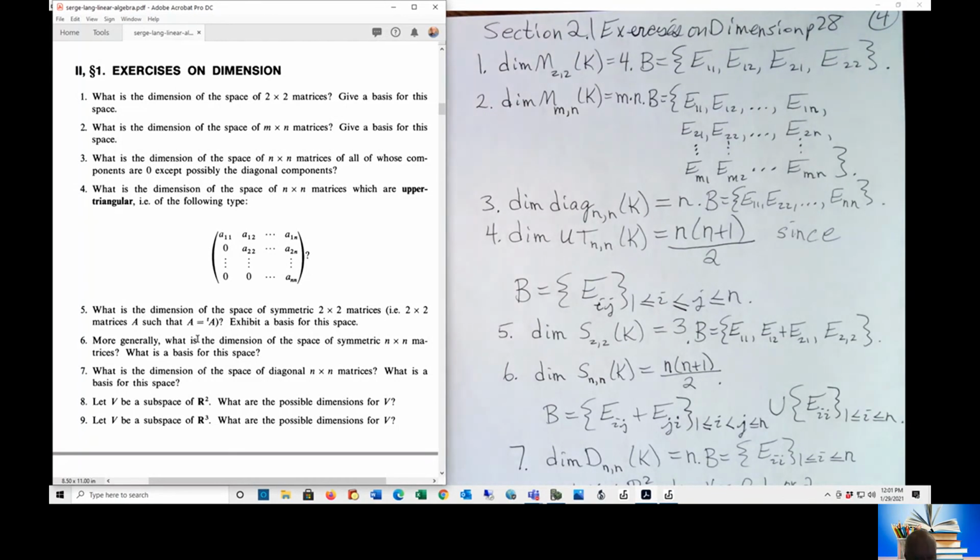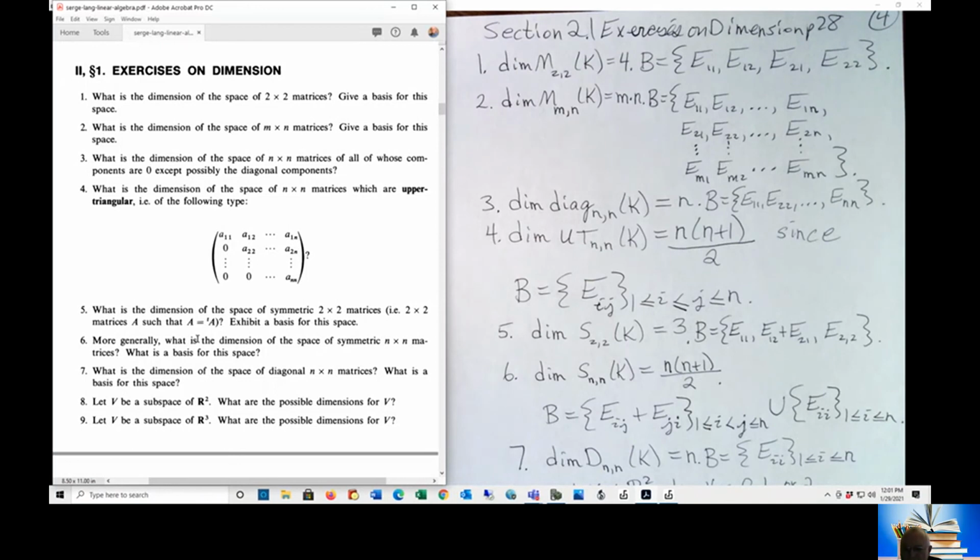Look at number 5. What is the dimension of the space of 2 by 2 symmetric matrices? That is, the 2 by 2s, where A equals its own transpose.